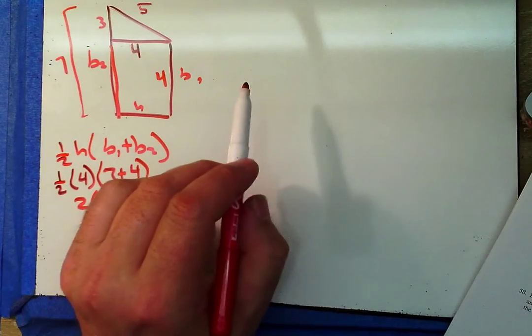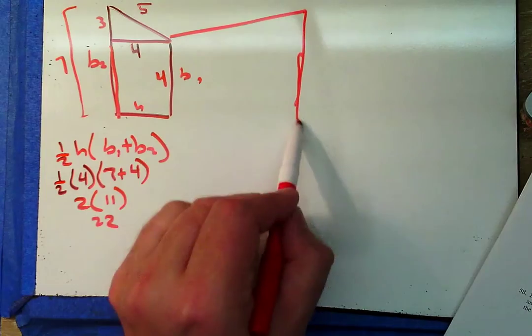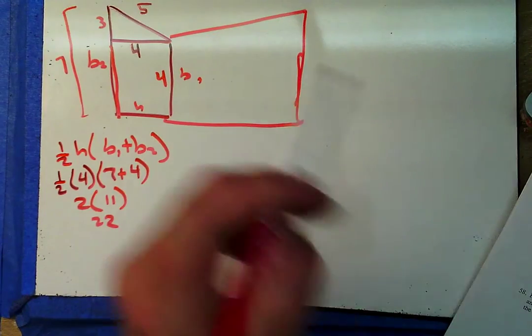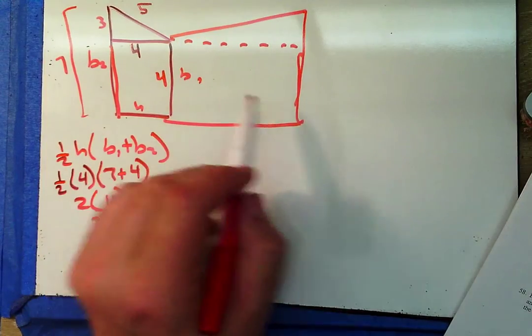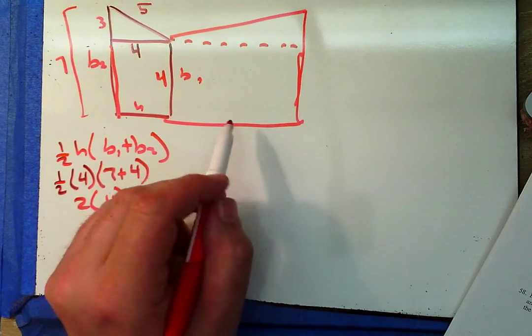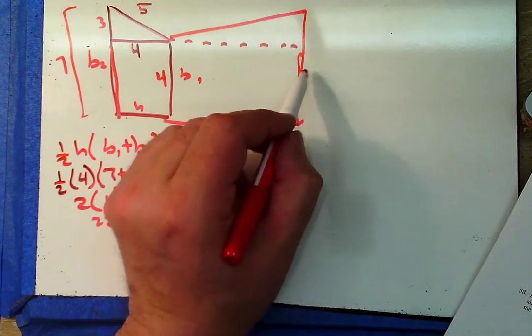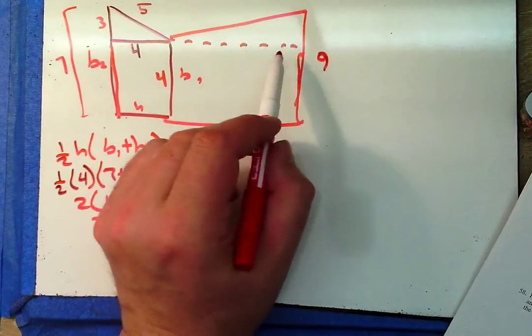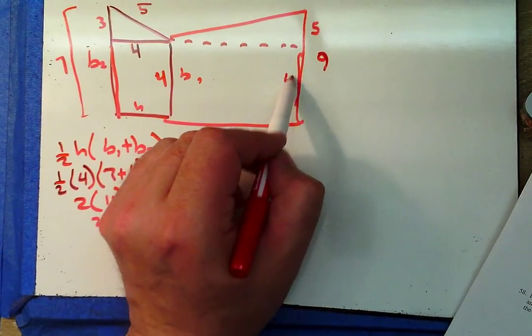But wait, there's another one of these over here where we have to go through the same process. This time our height is here, and this is 4. This whole side is 9, but since this is 4, this must be 5 up here.